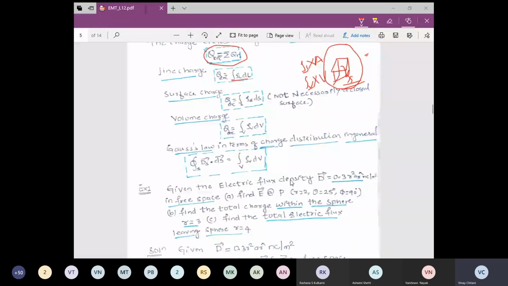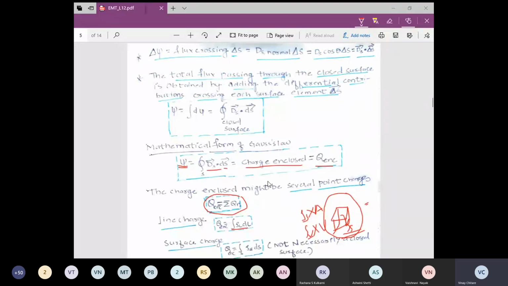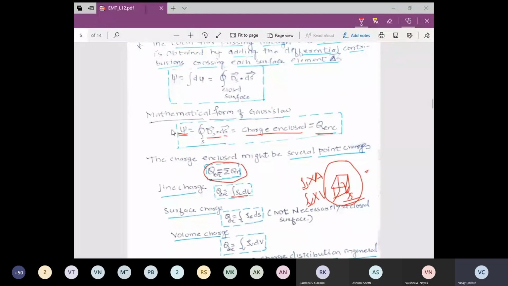So there are two things when you see Gauss's law. If we know the flux leaving the closed surface, you can find the total charge enclosed. If you know the total charge enclosed inside the surface, you can find the flux.